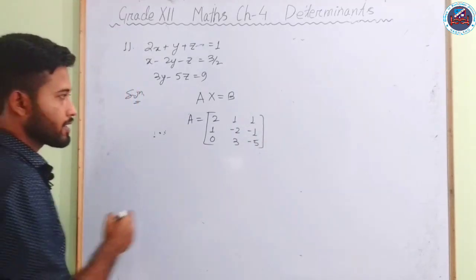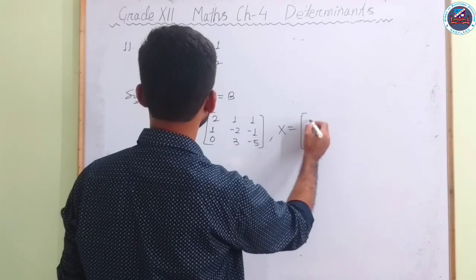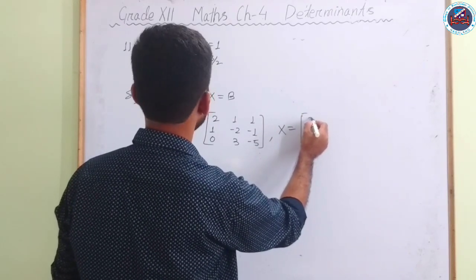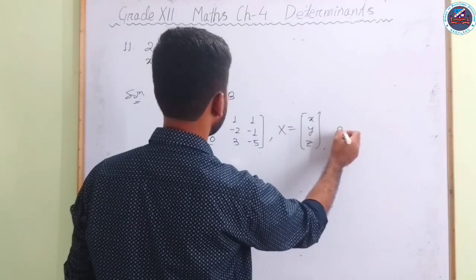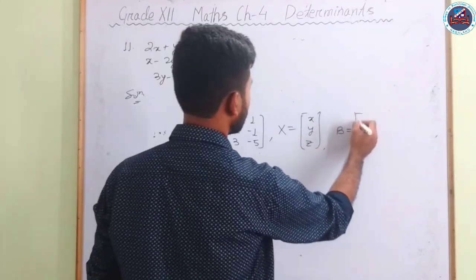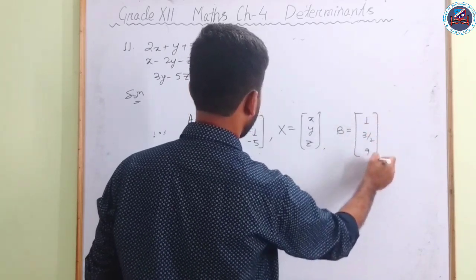So this will be the matrix A. X will be a 3 by 1 matrix, that is x, y, z. And B will be the constants, that is 1, 3 by 2 and 9.